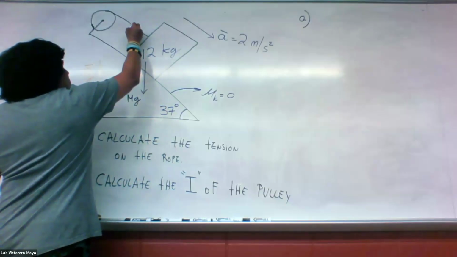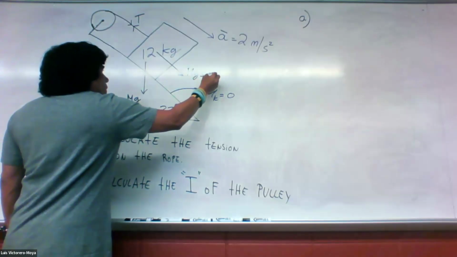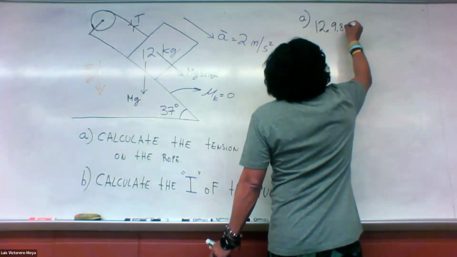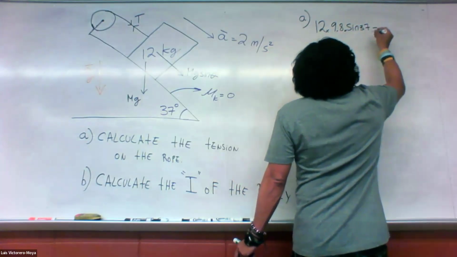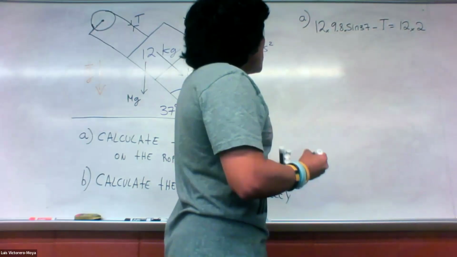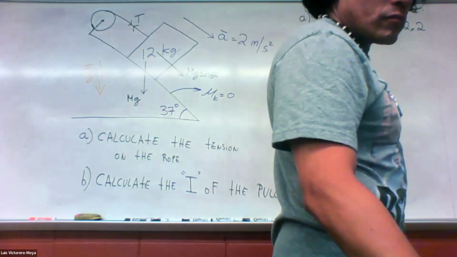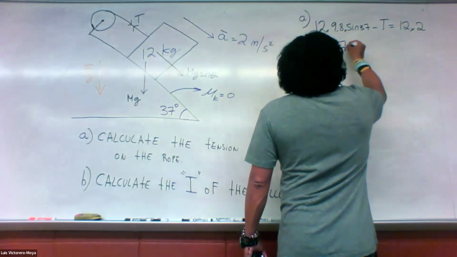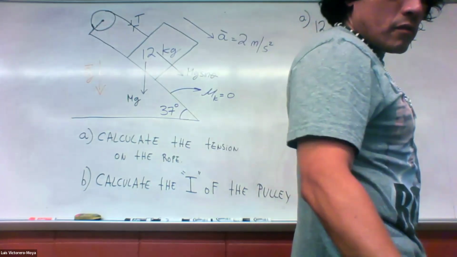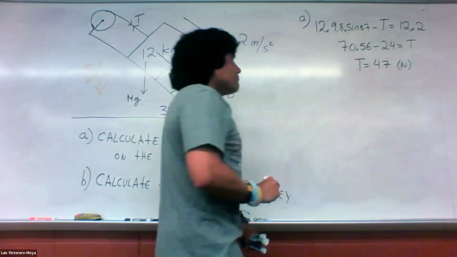So m is 12, so 12 times 9.8 times sine of 37 minus tension equals mass times acceleration, which is 2. Right? So you say 47, right? Let's double check. That should be about 47. Yeah, 47. You round it to 47. That's good. All right, that's chapter 4. Nothing new there.